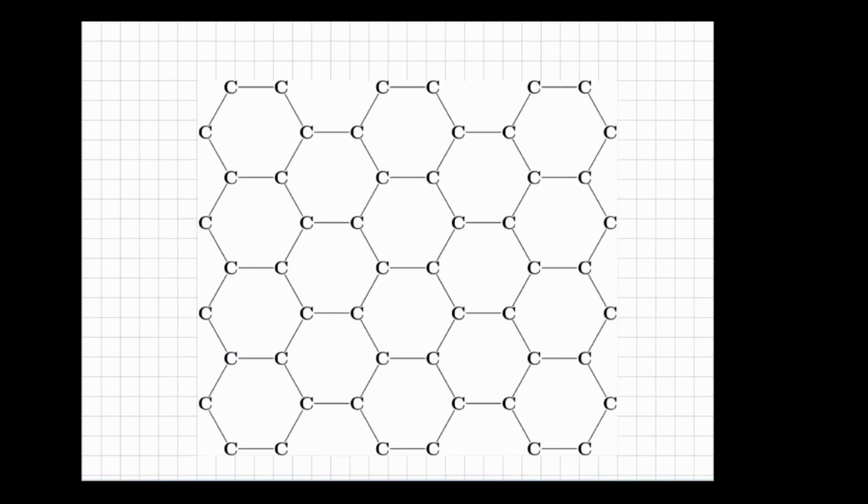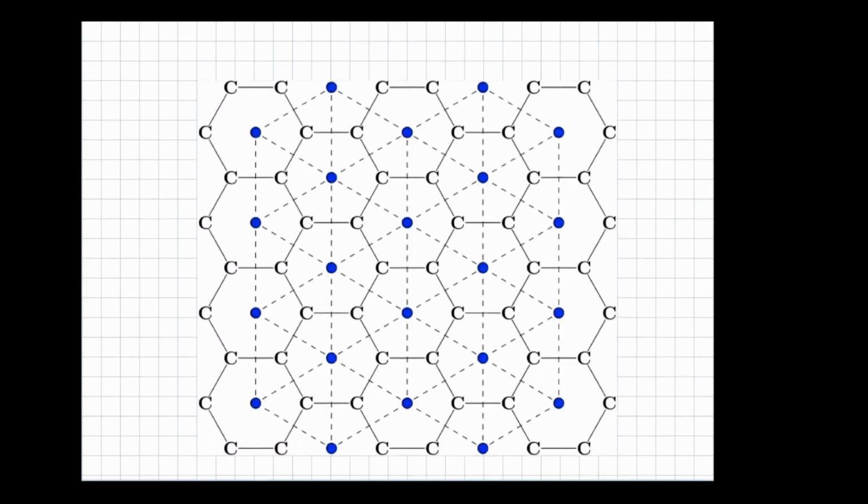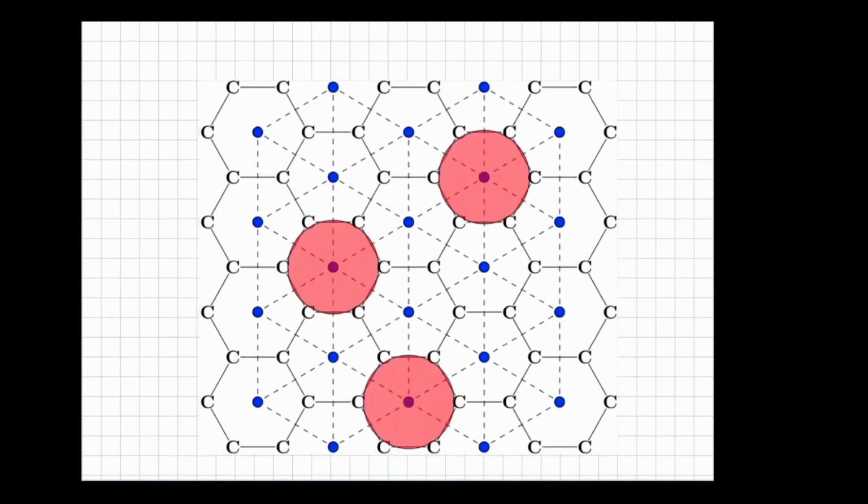Well, what will happen is that the helium atoms will get in between these hexagons, but they have some repelling force such that they cannot occupy neighboring hexagons. So the helium atoms will live on this dual lattice, this triangular lattice, but they cannot live on neighboring vertices. So in graph theory, we would say the helium atoms will form an independent set.